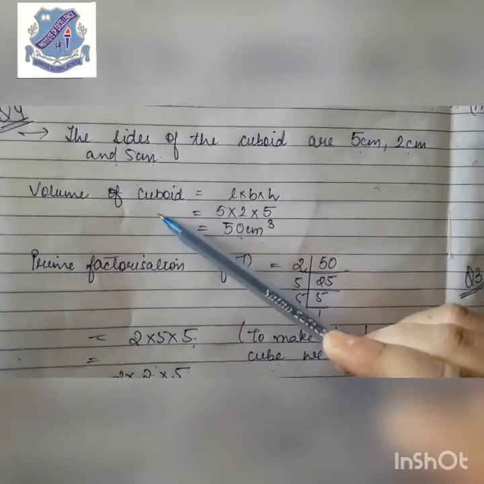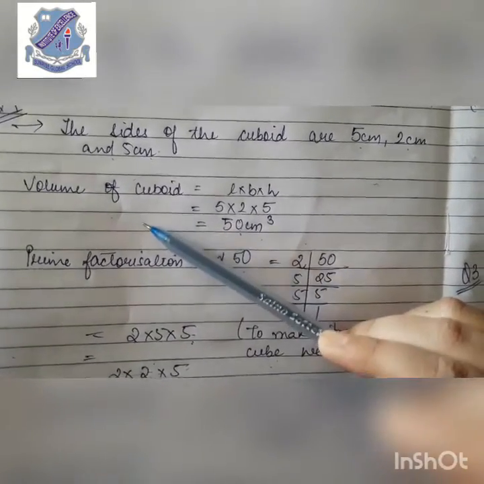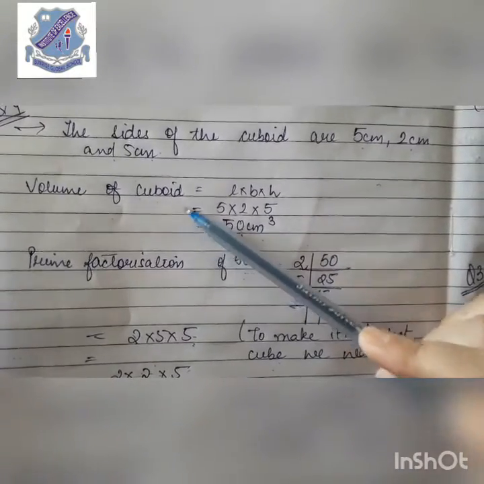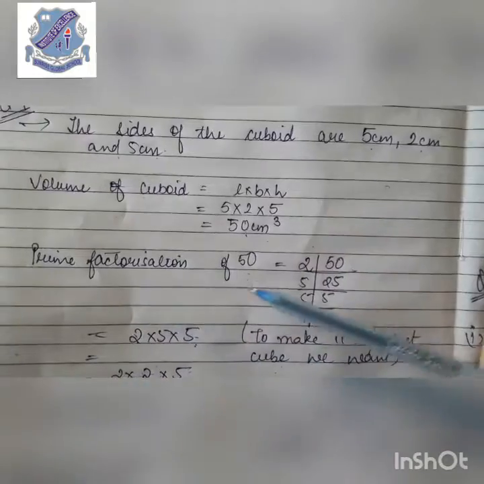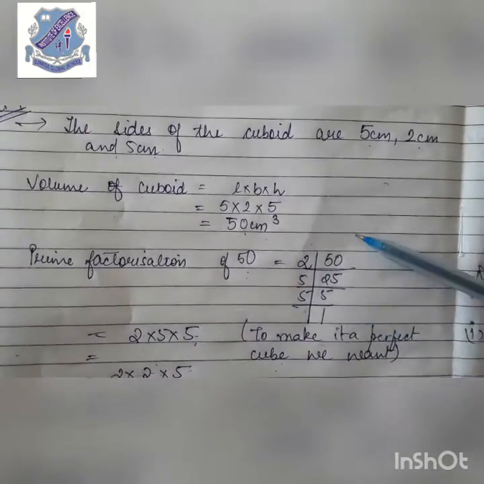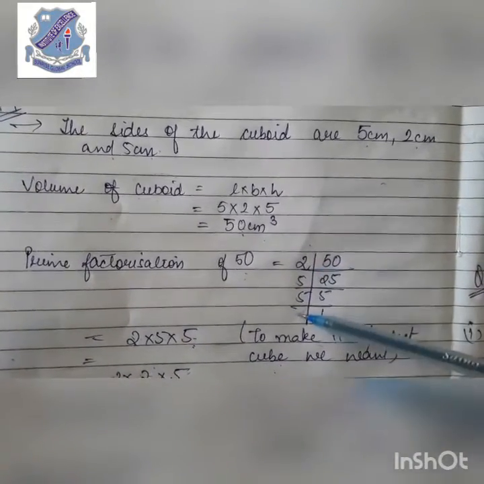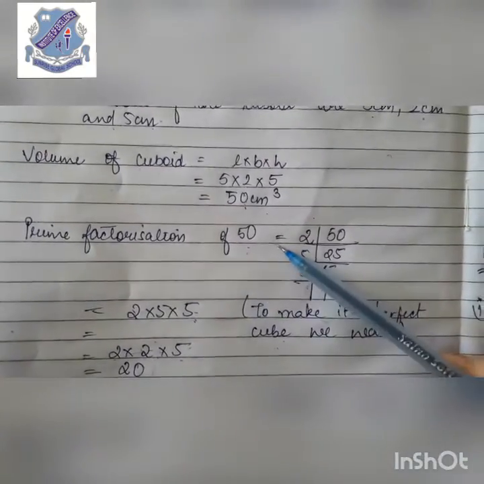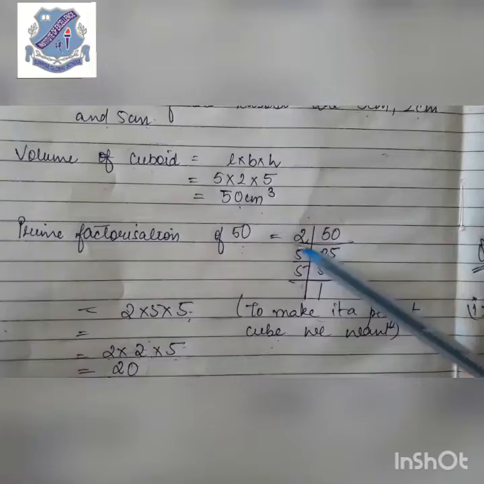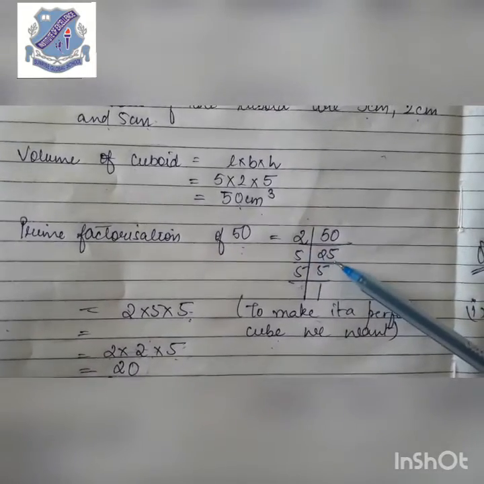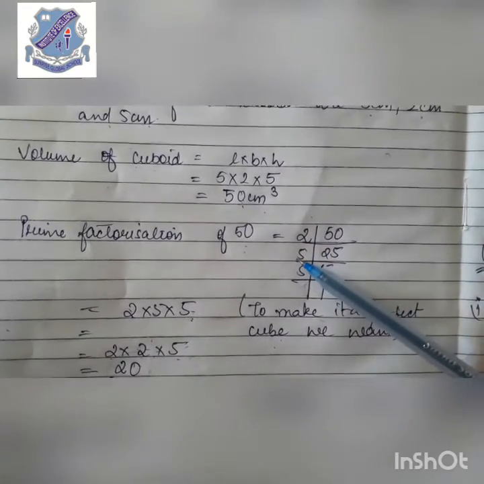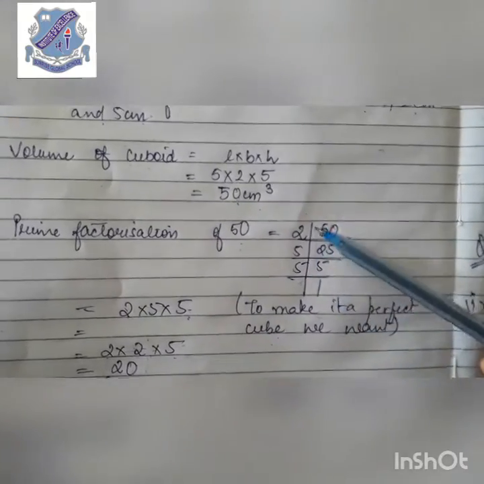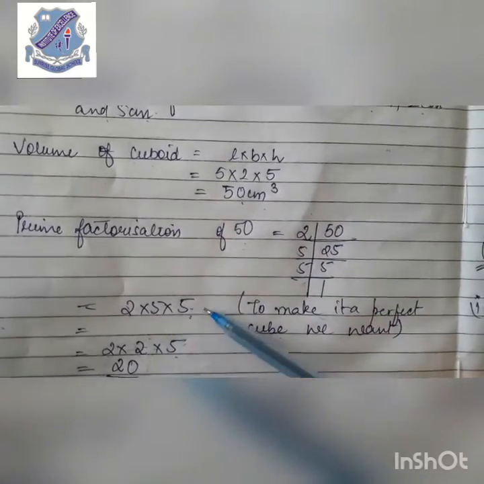So we have to know whether there is a possibility of making a cube or not. So we'll do a prime factorization of the volume so that we can know whether the factors are in cube form or not. When we factorize 50 with 2, we'll get 25, and similarly dividing 25 by 5 and 5 by 5 gives 1. So we'll get the factors as 2, 5, 5.